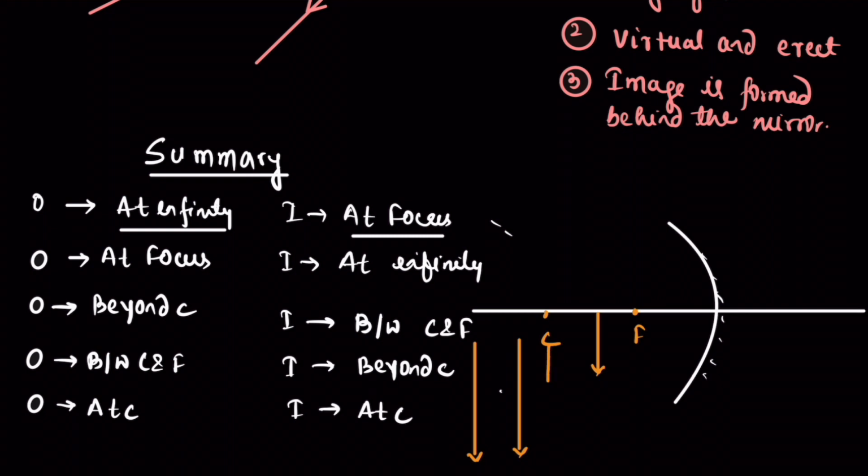At the center, both image and object become equal. After that, the image moving beyond the center of curvature becomes magnified, and the object obviously becomes diminished. And at focus, the object is highly diminished and the image is highly magnified. Only between F and P is a special case that forms the virtual image.